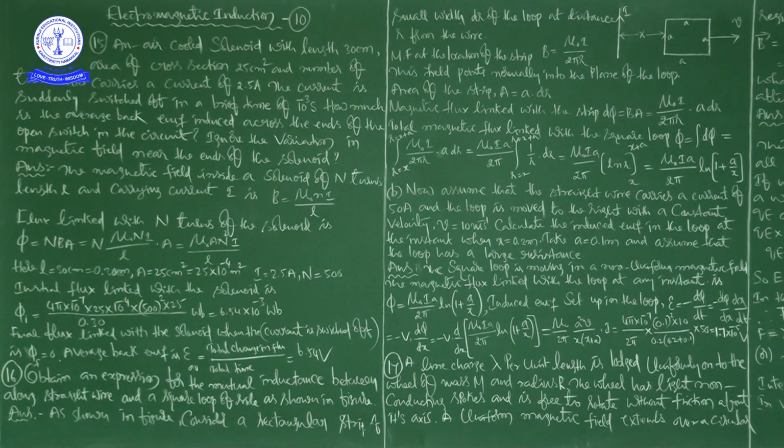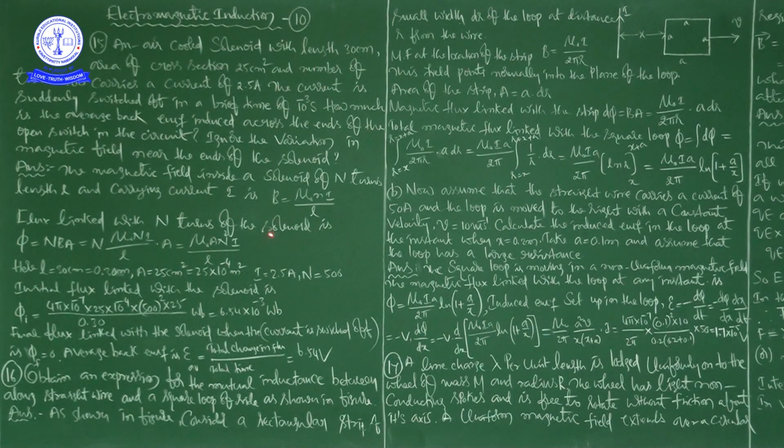Now, the answer. The magnetic field inside a solenoid of N turns, length L and carrying current I is B is equal to mu naught N I by L. This is what we already know.